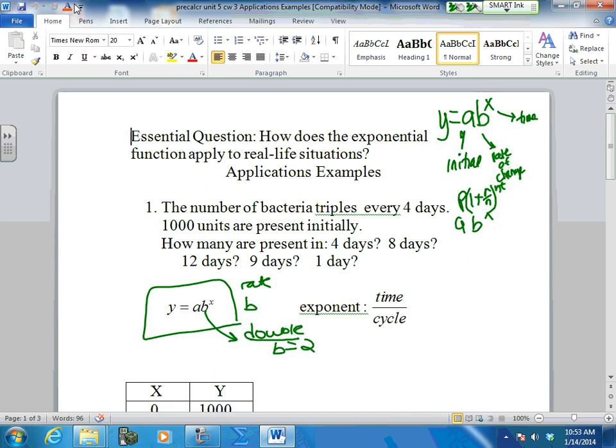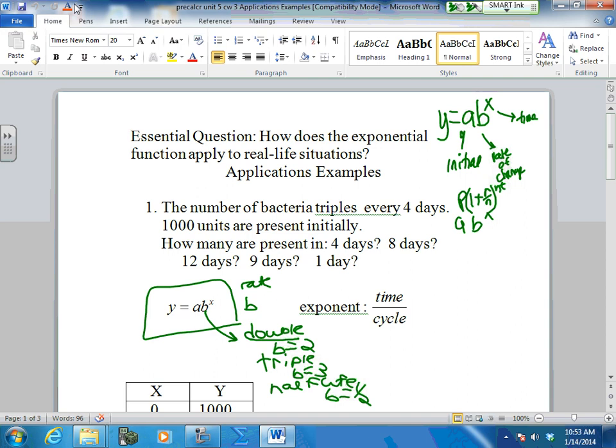If we triple, what should B become? 3. If we do a half-life, what do you think B would be? 1/2. I'm taking half each time, right? So that's going to be our rate of change, is what the B is.